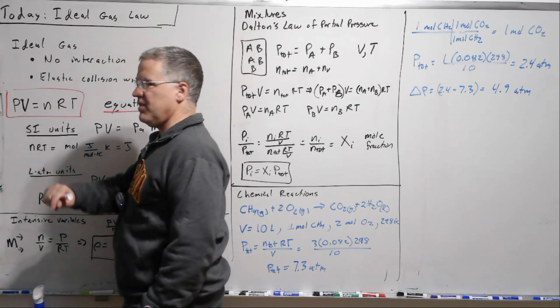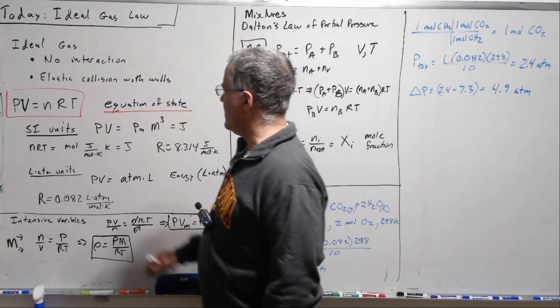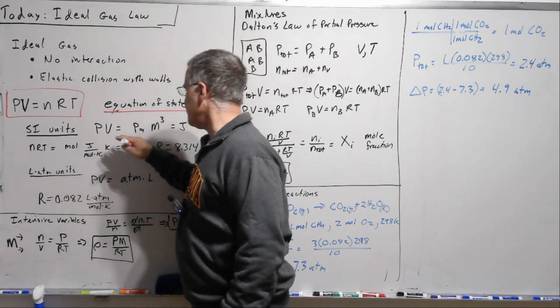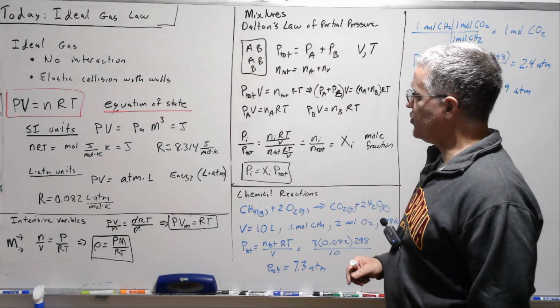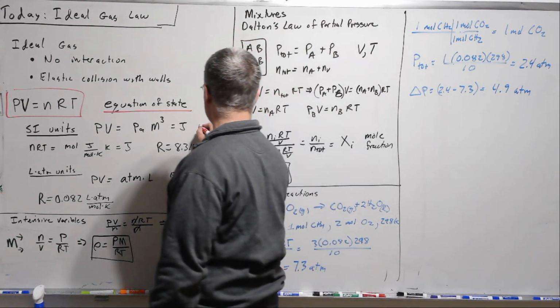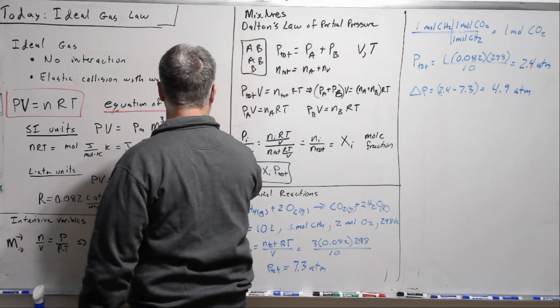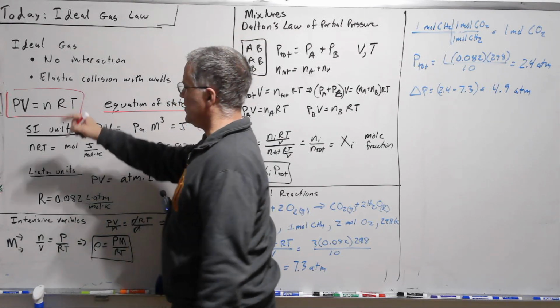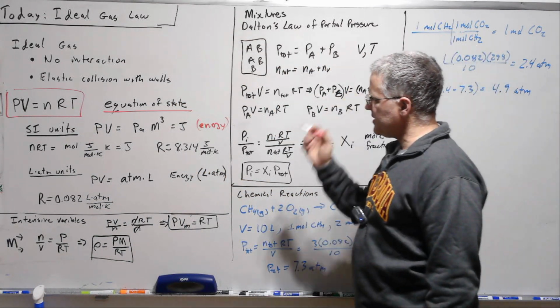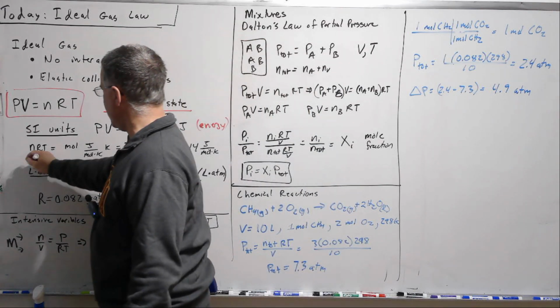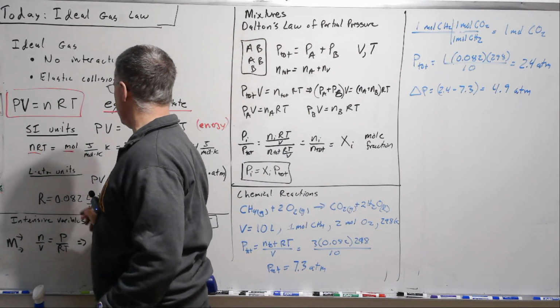I just want to say a few words on units here. Let's look at this PV term. Let's look at both sides of this equation. In SI units, P times V is pascals times meters cubed, which is joules. And so this is an energy. So energy on the left-hand side. And the right-hand side is nRT. Well, n is number of moles.